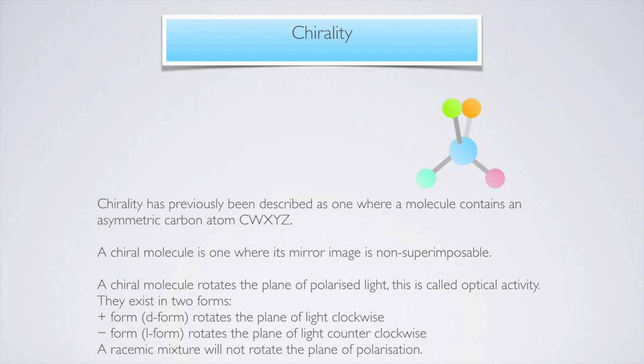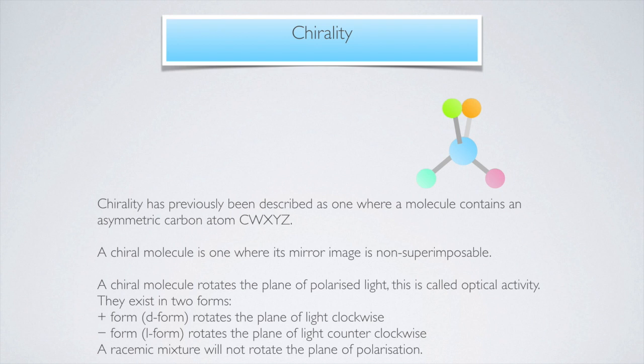It's been described previously as a molecule that contains an asymmetric carbon. So central carbon blue there, 4 different groups. From the symmetry point of view, a chiral molecule is one where its mirror image is not superimposable. And a chiral molecule rotates the plane of polarized light, so it's said to be optically active.